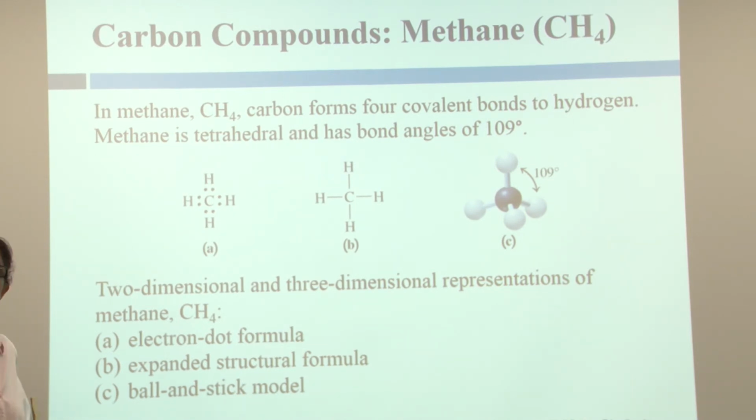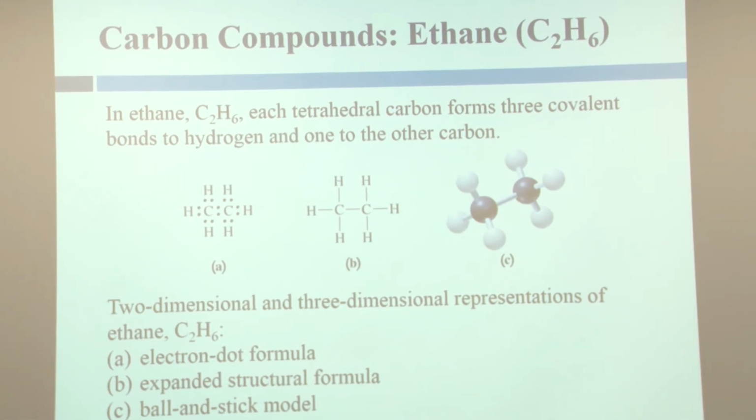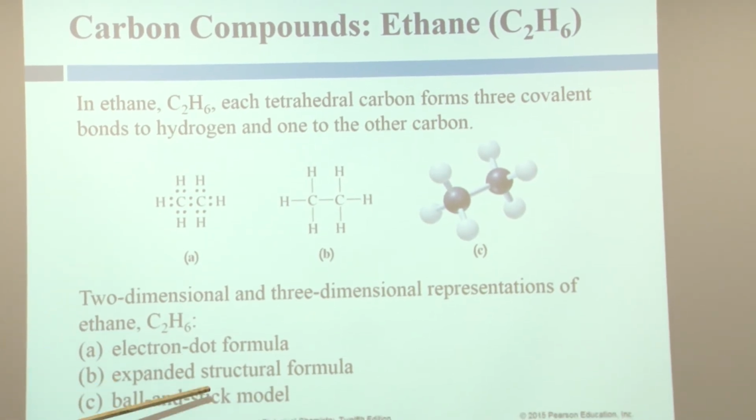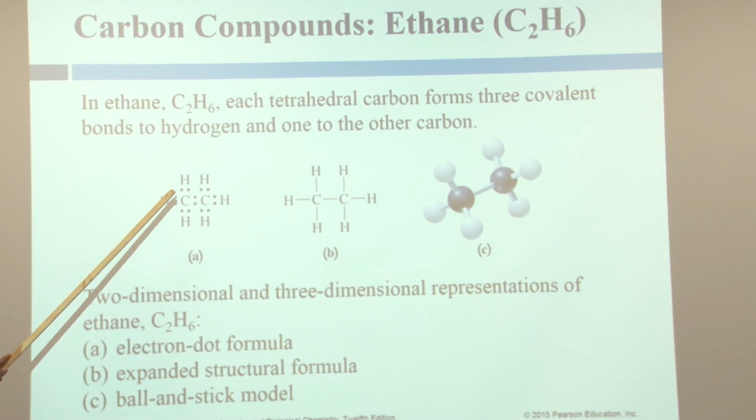Whenever you are setting up a carbon compound, always make sure carbon has 4 bonds. When it has 4 single bonds, it is a saturated hydrocarbon. This is another hydrocarbon. We call this ethane, C2H6, with 2 carbons. This is the electron dot structure.